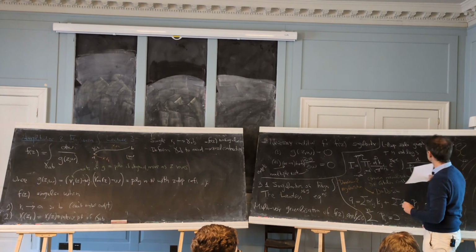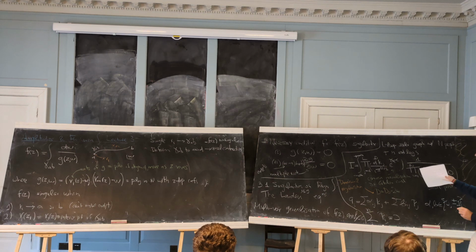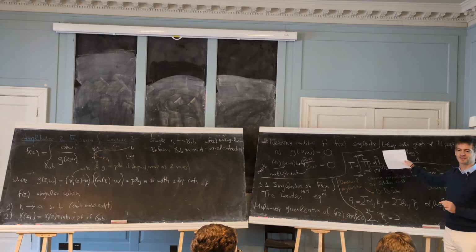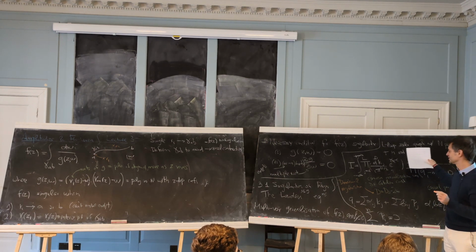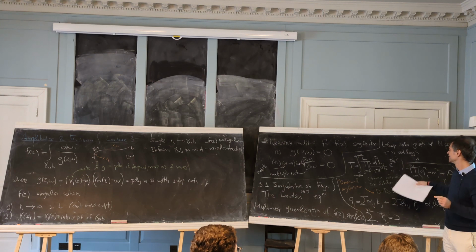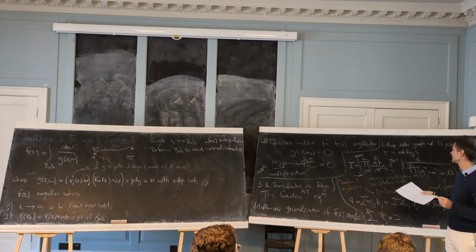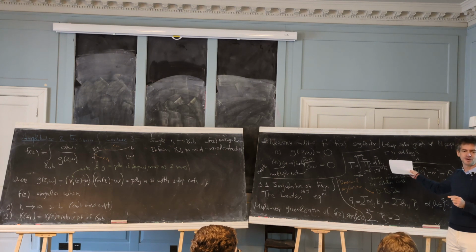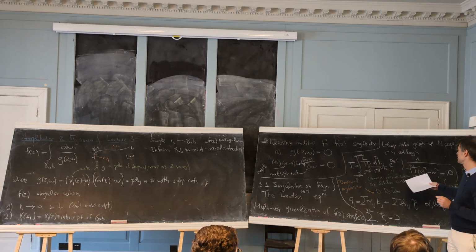Because if you stick to really the 4 dimensions that our universe lies in, these objects are not well defined. They diverge. They can have infrared or ultraviolet divergences.